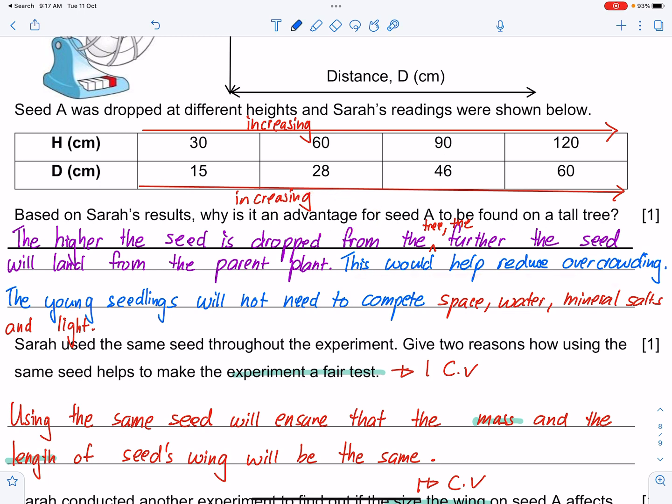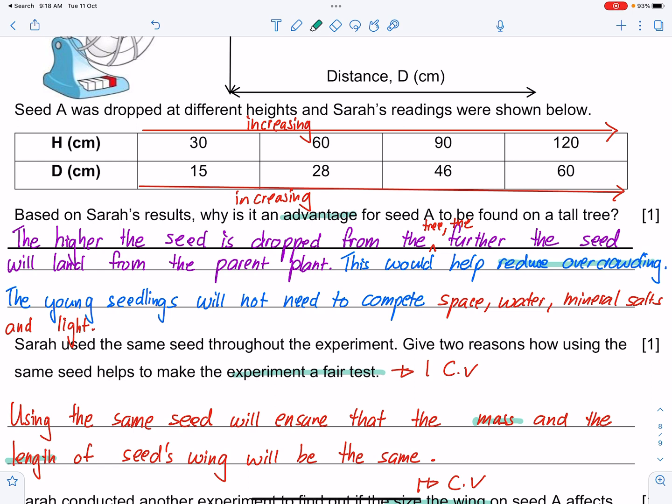So if they are asking for an advantage and you just tell me that, oh, the higher it's being dropped from, the further it lands from the parent plant. How is that an advantage? Then you go on to explain about reducing overcrowding. But that's not enough.